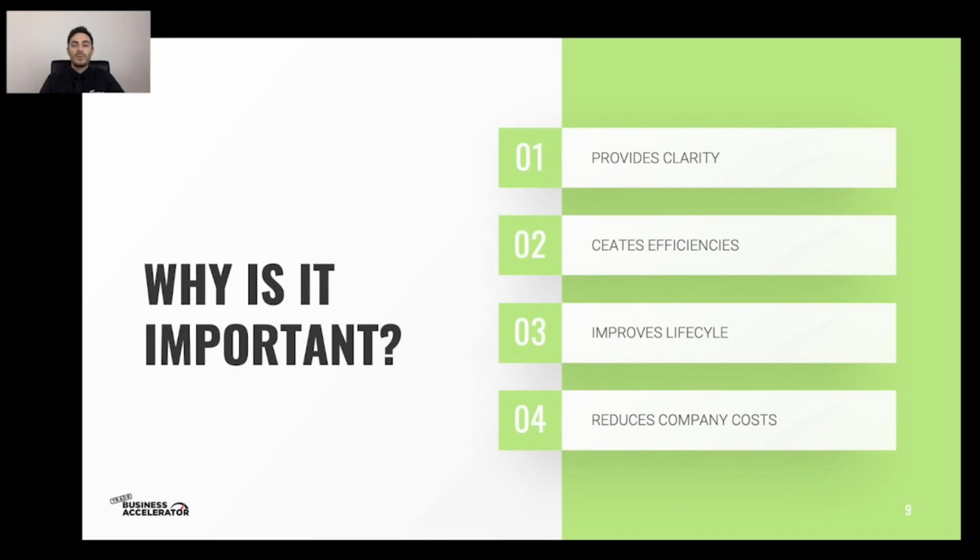Number three, it improves life cycle and delivery on life cycle. So what this means is that if you've got efficient supply chain management, it means that you can deliver more over a shorter period of time. If you can deliver more over a shorter period of time, it means that your overheads and your fixed costs are going to have less of a diminishing effect on your top line business activities.